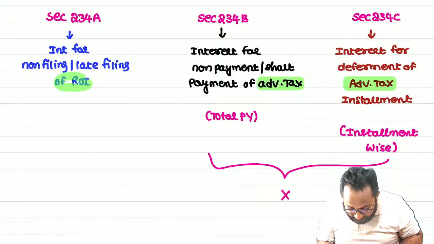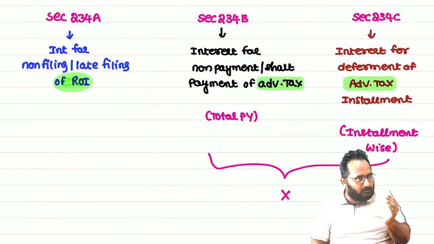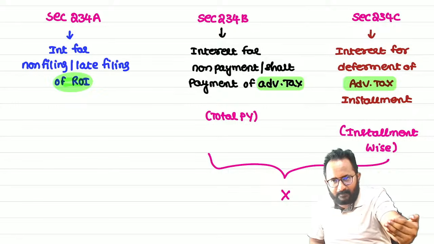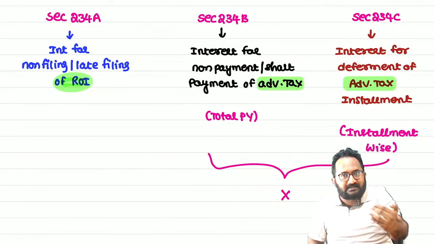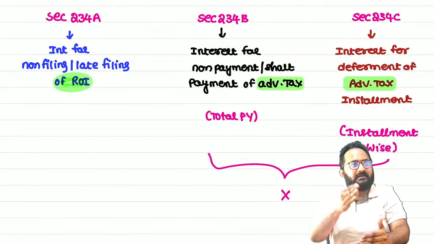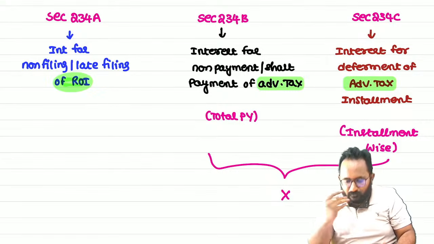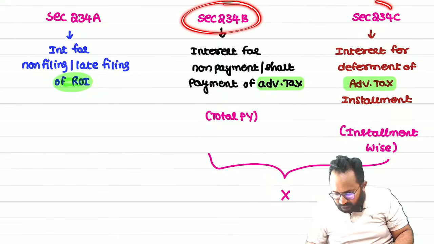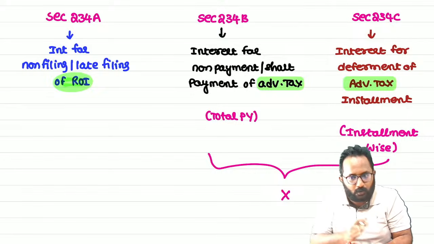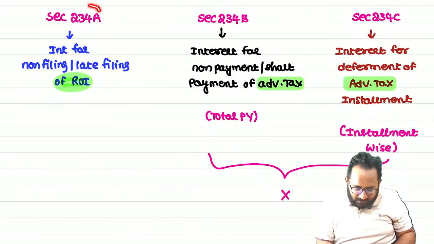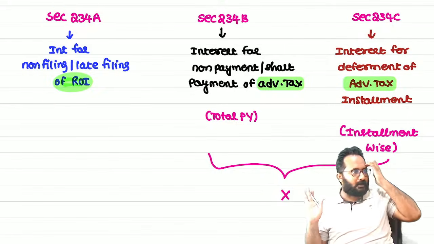Why? It is related to return of income. Many students are making this mistake. Don't do this. Advance tax provisions will not apply means advance tax related interest provisions also will not apply. What are the advance tax related interest provisions? 234B, 234C only. 234A will apply normally.